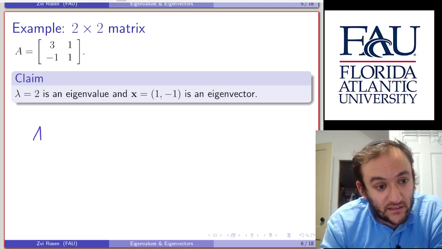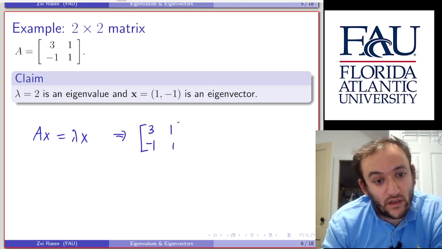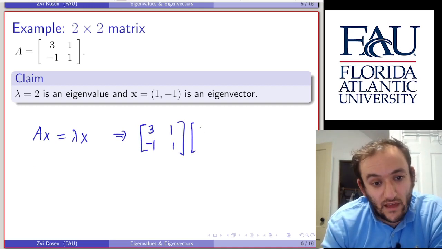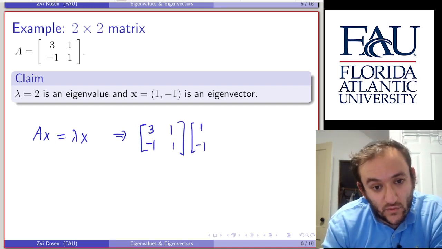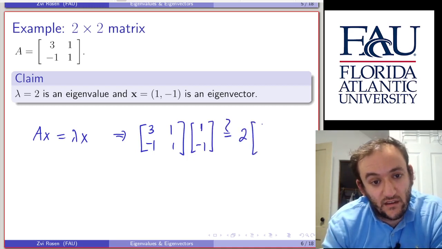By checking the defining equation, Ax equals lambda x. Well, this would mean [3, 1; -1, 1] times the eigenvector (1, -1) should be equal to, and I'll leave it as a question mark because we're still checking it, 2 times (1, -1).